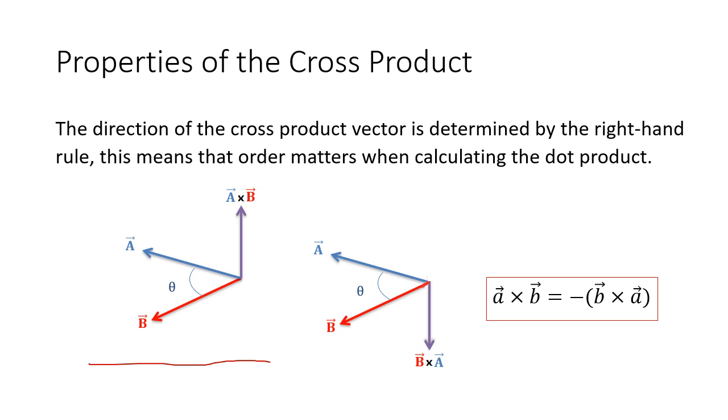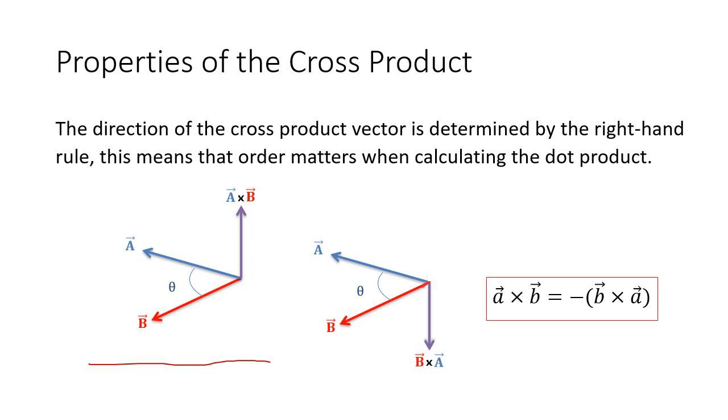But if I switch the order, now B cross A, B is your index finger, and A has to curl inward. To make that happen and match the picture in the drawing, you have to flip your hand upside down and have your thumb pointing downward.